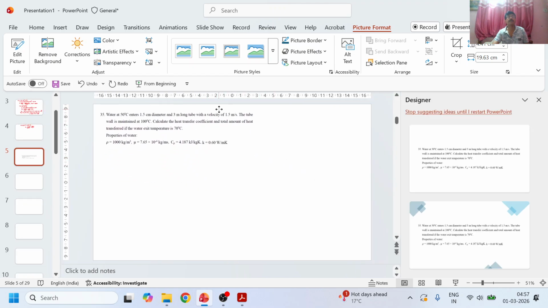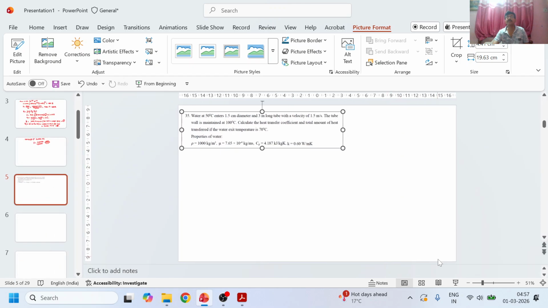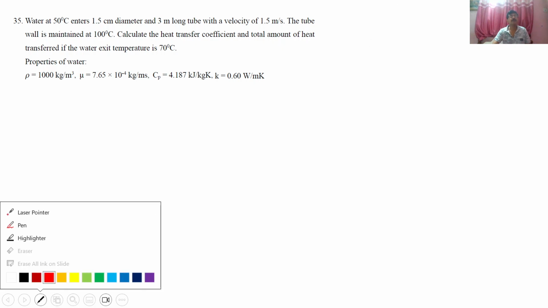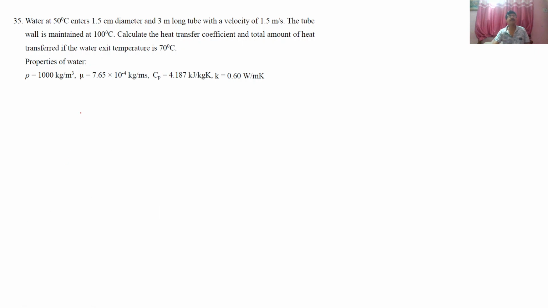I have copy pasted it for you just for reference sake. Is it visible, students? Hopefully yes. Now we are going to solve this particular problem. You help me to interpret the data. Let's start.